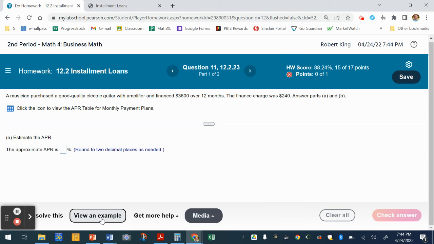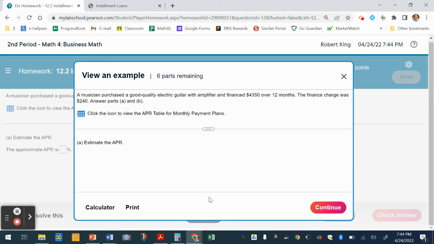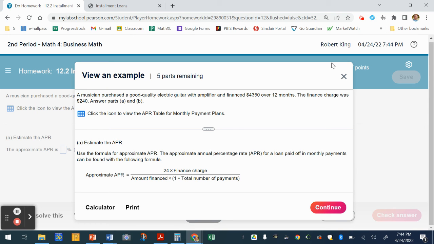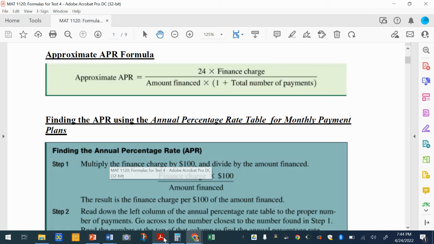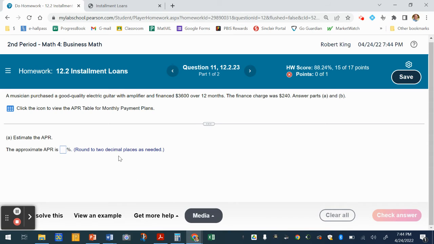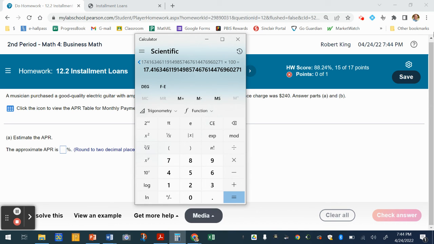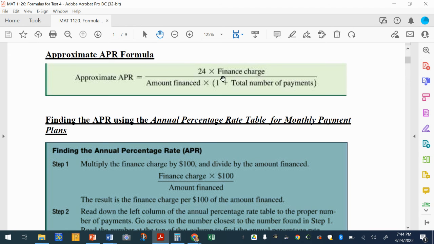Again, if you don't know the formula, click on View an Example. The formula will be right here. Or go to your tables packet that I gave you. It's the approximate. So in this case, our finance charge is $240 times 24. Divided by, and then use the parentheses, the amount financed times 1 plus the number of payments.